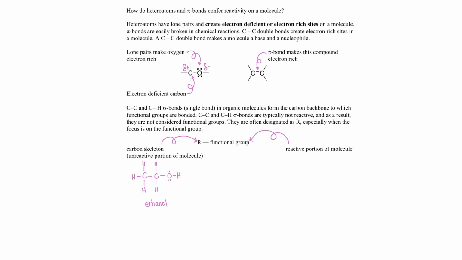And oftentimes if we're drawing ethanol and we're trying to represent it in a reaction, we can just represent this entire CH2CH3 group as an R group. So we can say this is just ROH if we just want to refer to it in terms of its functional group. So now we're going to talk about a few functional groups that you will be seeing this semester.